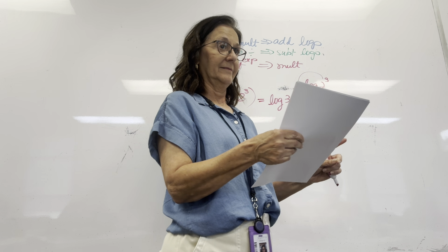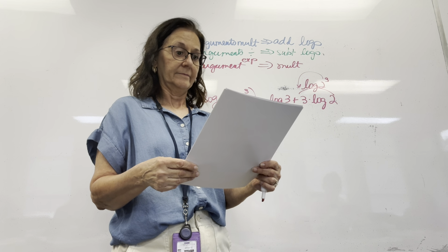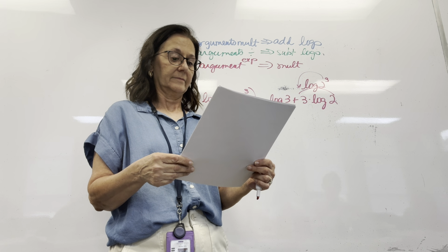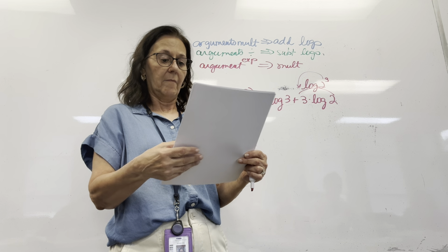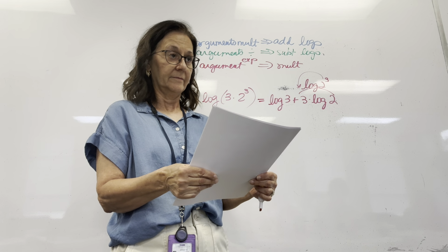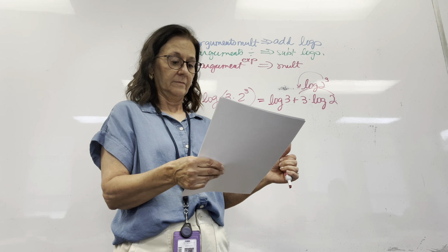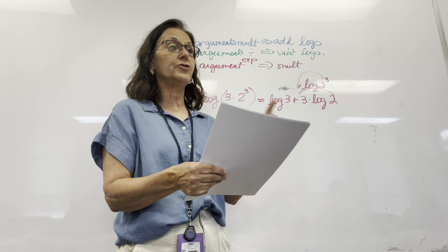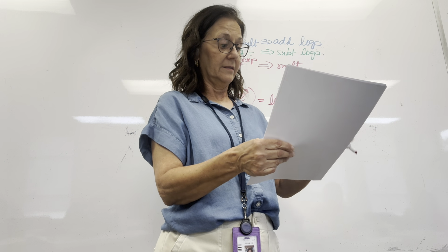Yes. Got it? Emma, what's 7? Log x minus 6 log 5. Yes. Micah, what's 8? Log A plus 2 log B. The 2 goes with both of them. So it'd be 2 log A plus 2 log B.